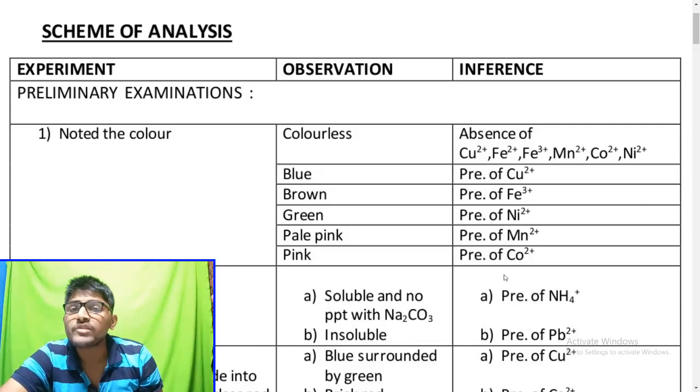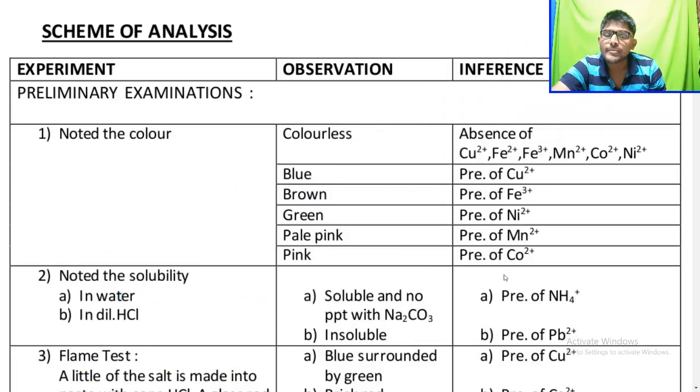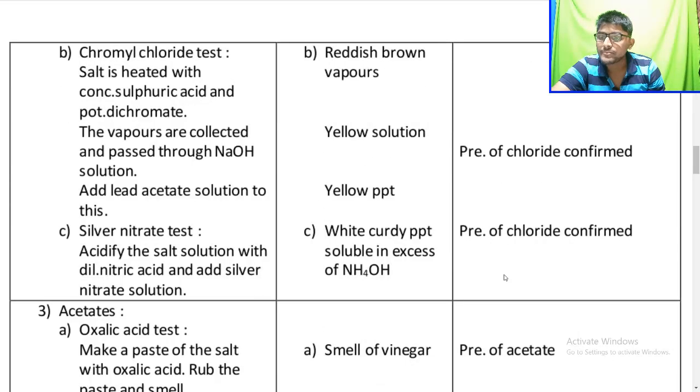And also if the solution is blue, then it can be Cu2+, brown then Fe3+, green then Ni2+, pale pink then Mn2+, and pink then Co2+. These could be the cations. Sorry.